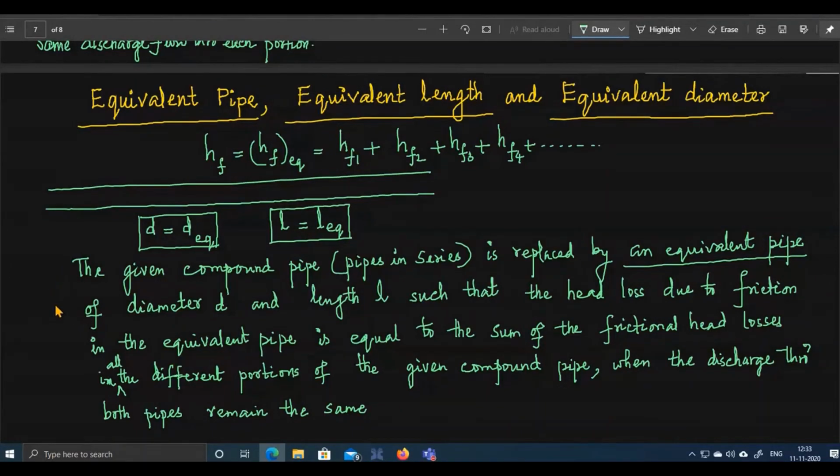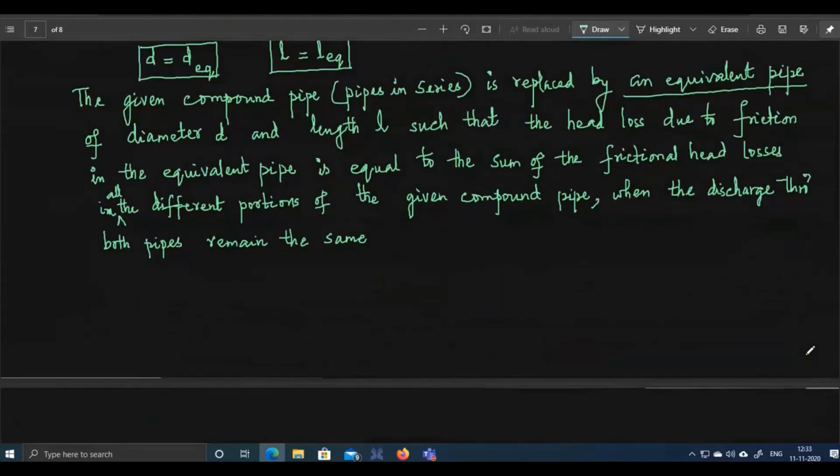So the given compound pipes in series can be converted into an equivalent pipe of a certain diameter and length, such that the head loss due to friction in the equivalent pipe will be equal to the total head loss due to friction in the compound pipe. So how do you find that? That will be the sum of all the head losses in various portions.